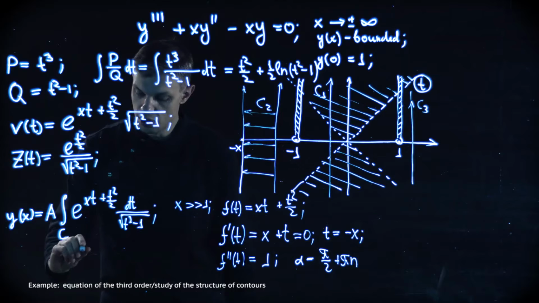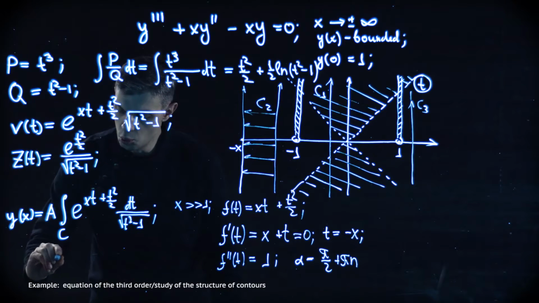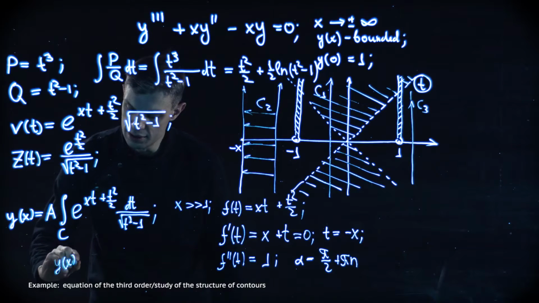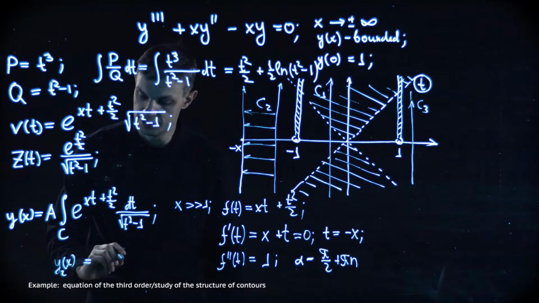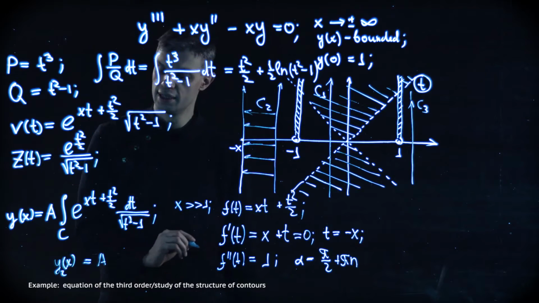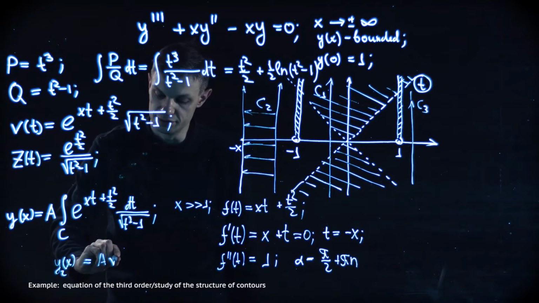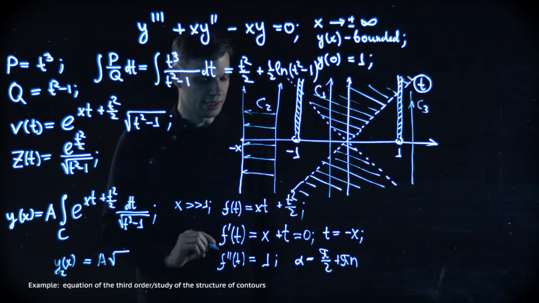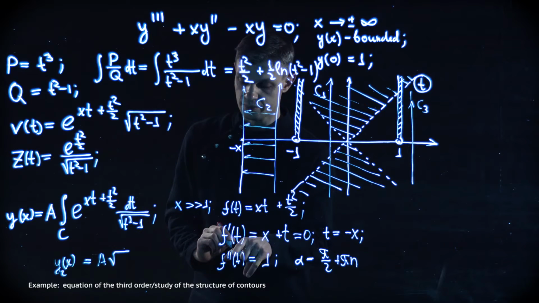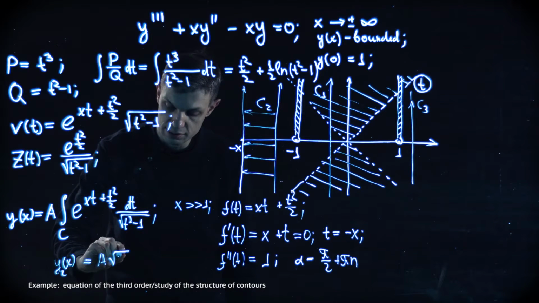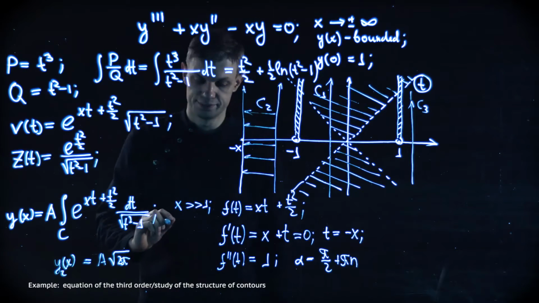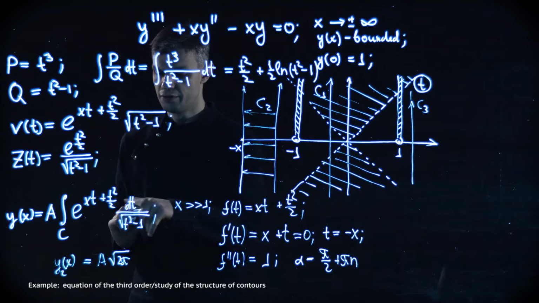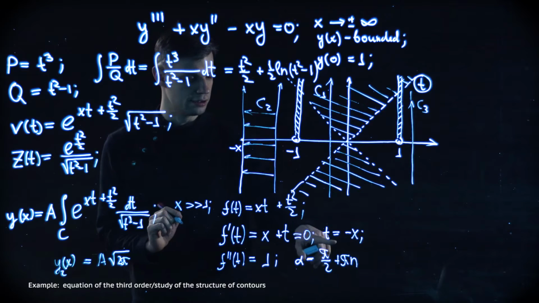Right, so here we go. Let's call the solution y2 of x. It is now equal to A times the square root of 2 pi. Then we need to find the value of our exponential function at t equal to negative x.